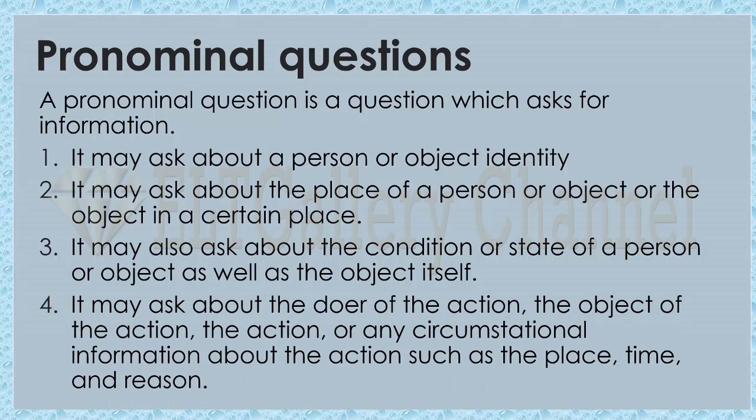And the last kind of pronominal question is it may ask about the doer of the action, the object of the action, or any circumstantial information about the action, such as the place, time, and reason.